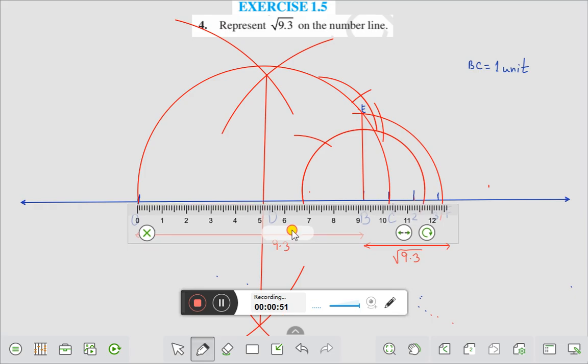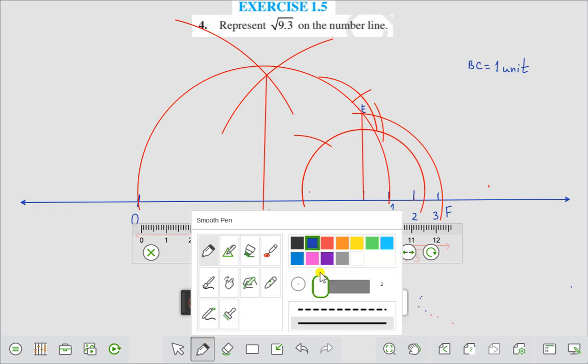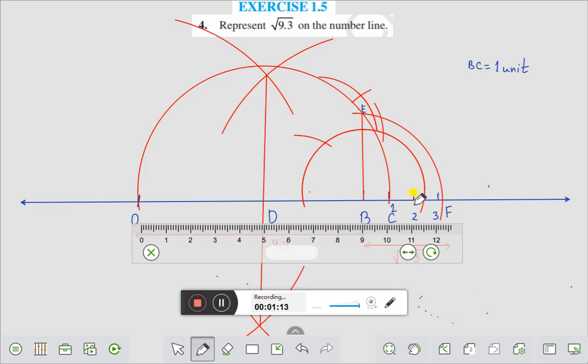After that, we are getting 1 unit B to C. Here you see that B to C is 1 unit. C to D is 1 unit, and D to E is 1 unit.